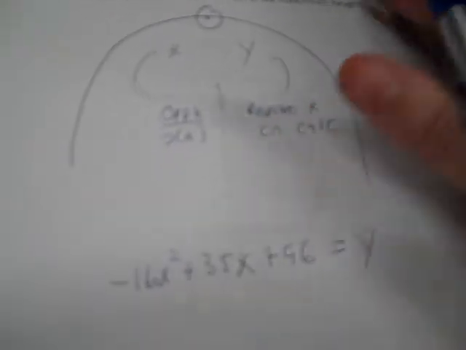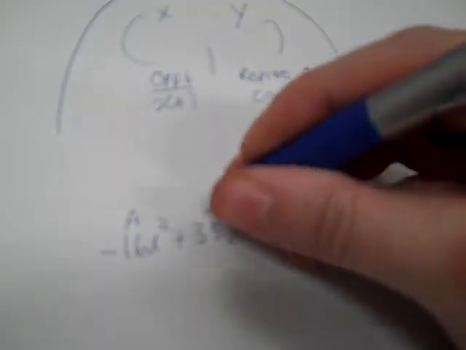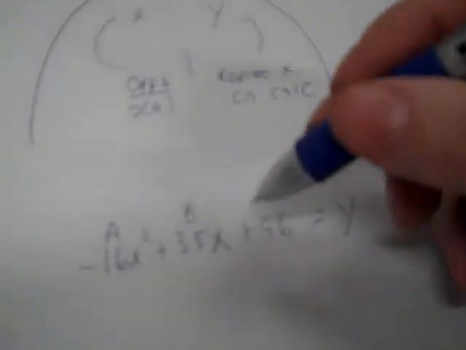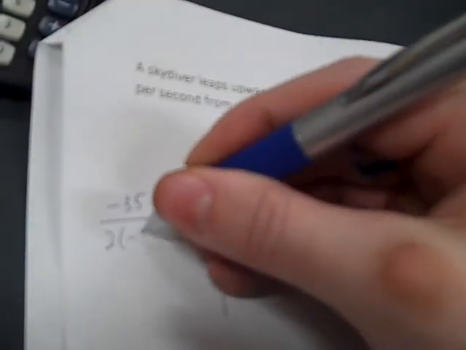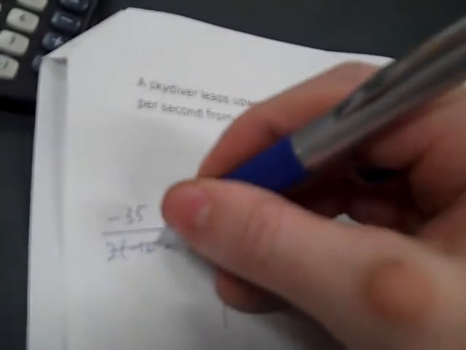Okay? All right, now I don't need that thing on the computer because I don't have any parentheses. I know I have an a, and I know I have a b. Okay, it's a little bit less. We don't have any parentheses. So negative 35 is the opposite of b, and then 2 times negative 16. So this is negative 32. And then I divide negative 35 by negative 32 is 1.09. So that's the seconds it took to get to the max height.